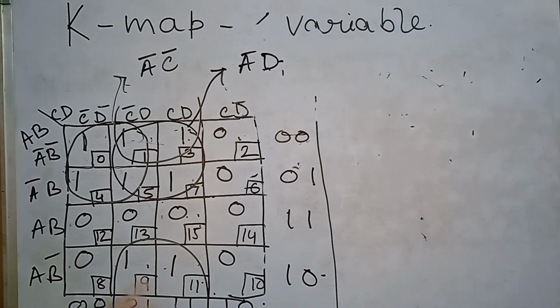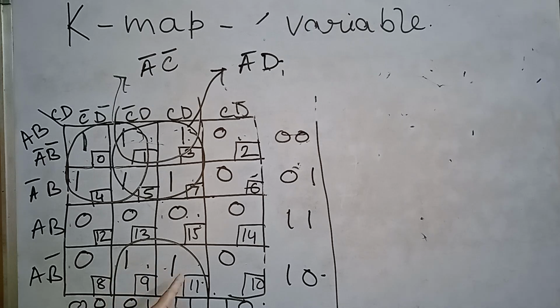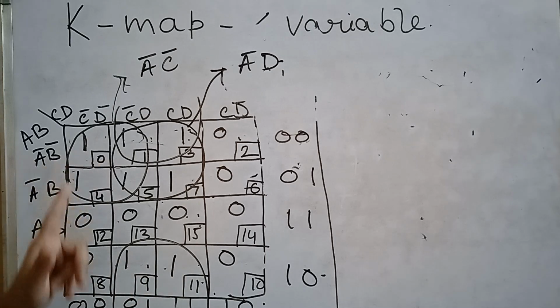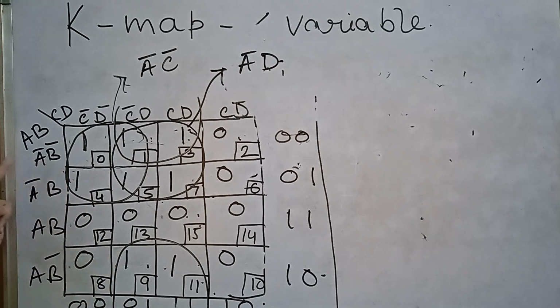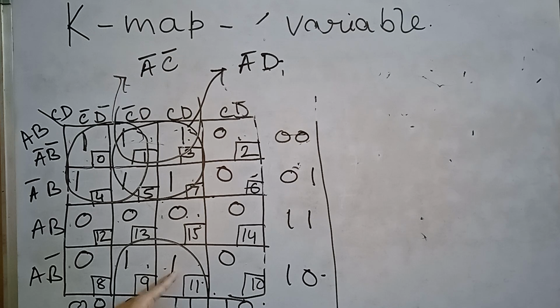Now see this group. How many elements are there in this group? These 2 ones and these 2 ones. Now what is common in terms of row? This is A bar B bar, this is A B bar. So B bar is common. In terms of column, what is common for these 2 ones and these 2 ones?